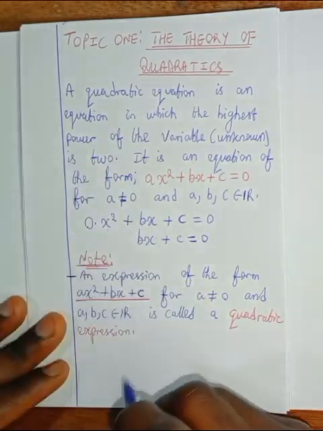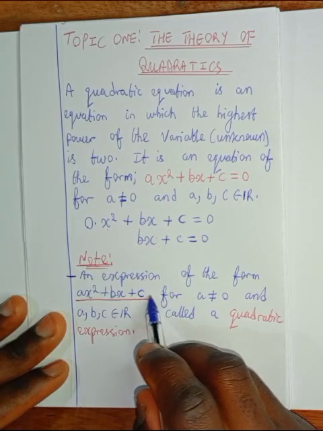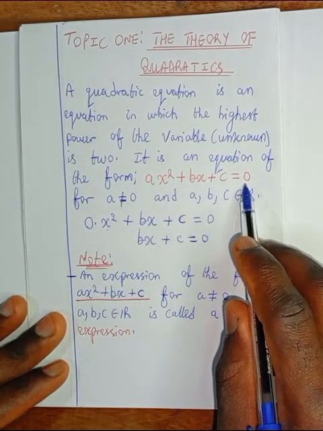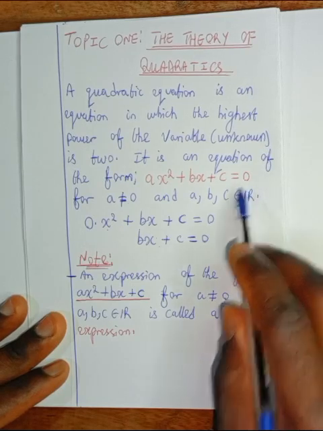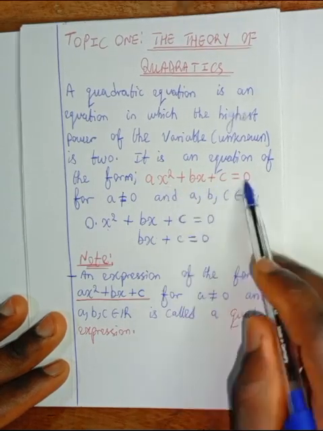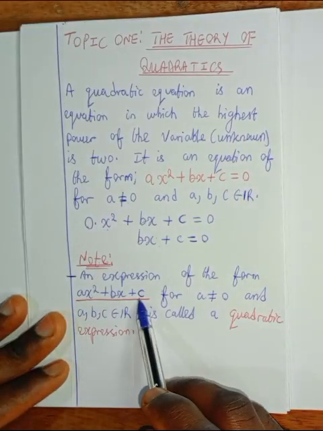For a quadratic expression, we have no equal to sign. For a quadratic equation, we have an equal to sign. So you take note of that. Most often, students usually confuse between a quadratic equation and a quadratic expression.